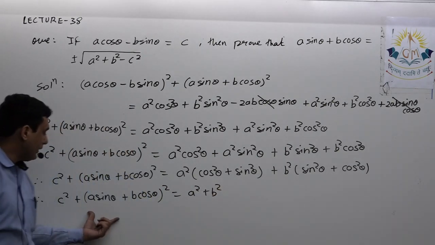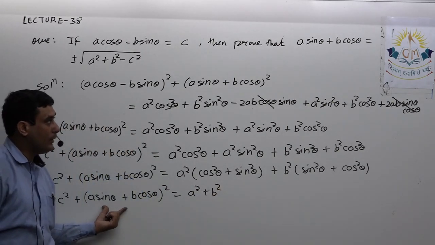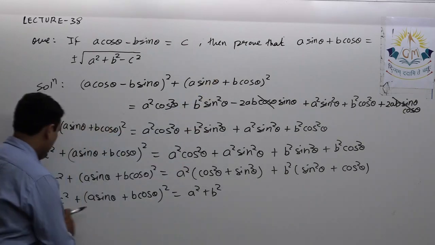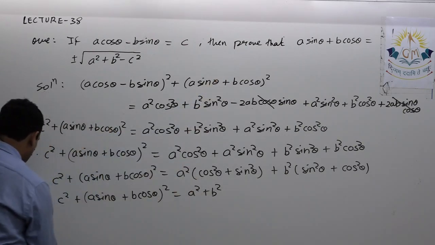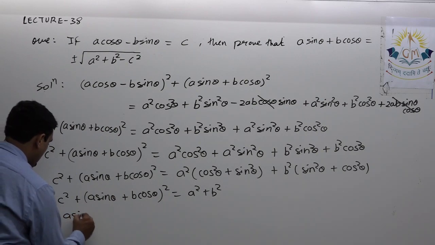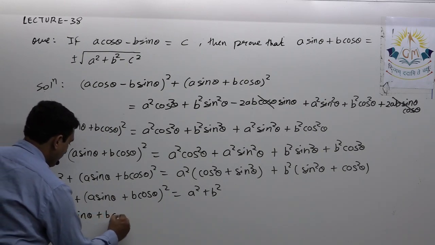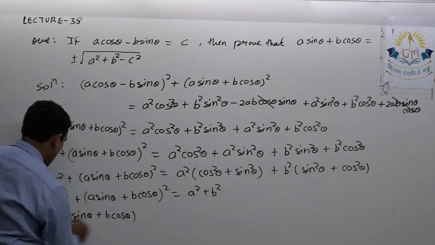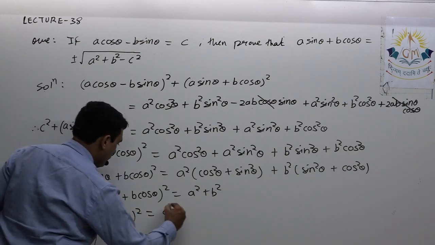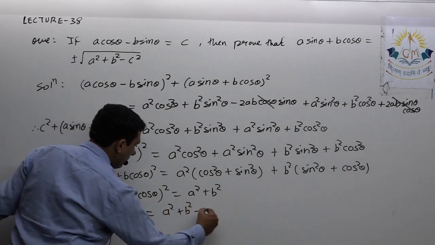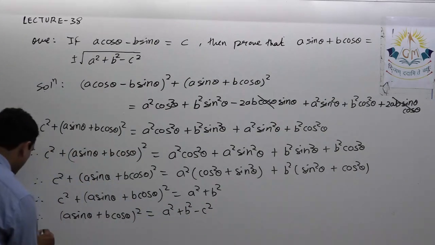Now I need to get the value of this a sin theta plus b cos theta. Okay, so I will take the c square to that side. So here a sin theta plus b cos theta whole square is equal to a square plus b square minus c square.